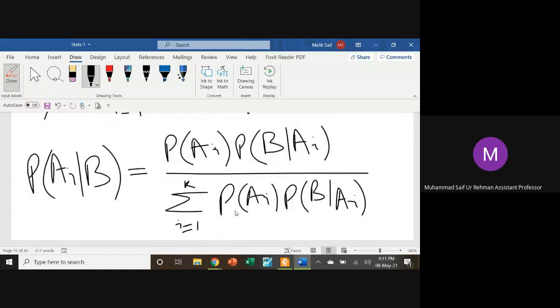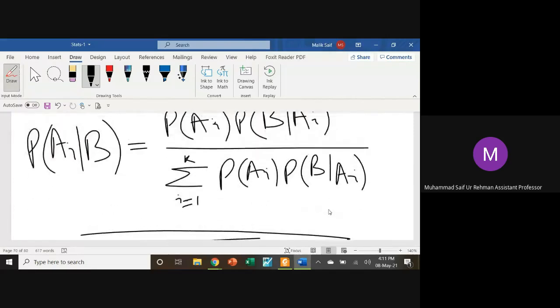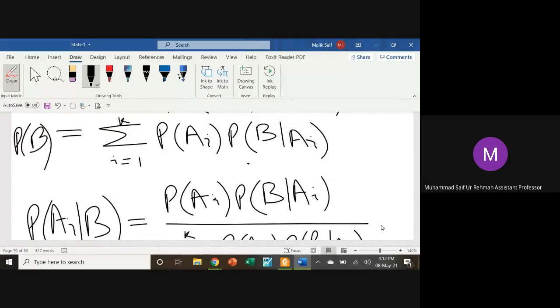Okay. And here one more thing that is very important to explain. This probability is called the posterior. And these probabilities in the form of AI, these are called prior probabilities. These are prior probabilities, and these are conditional probabilities.